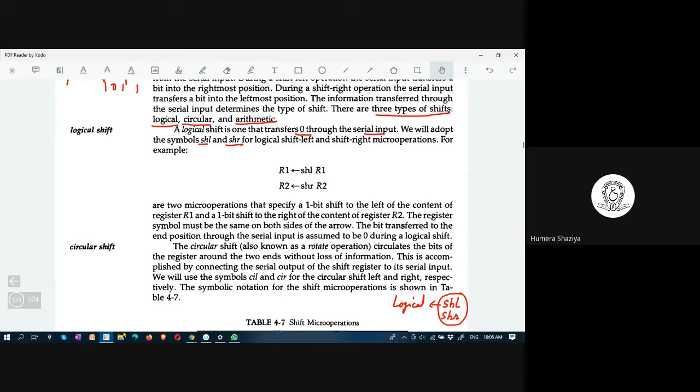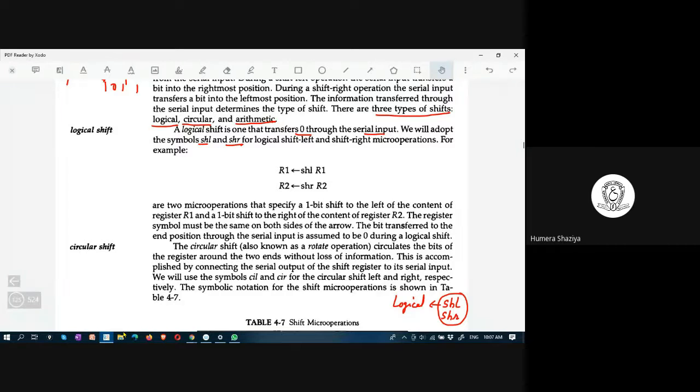And what do you mean by this? This is logical shift left of the contents of R1, and transfer that shifted content back to R1. This means that, do you remember this? This is a replacement operator.